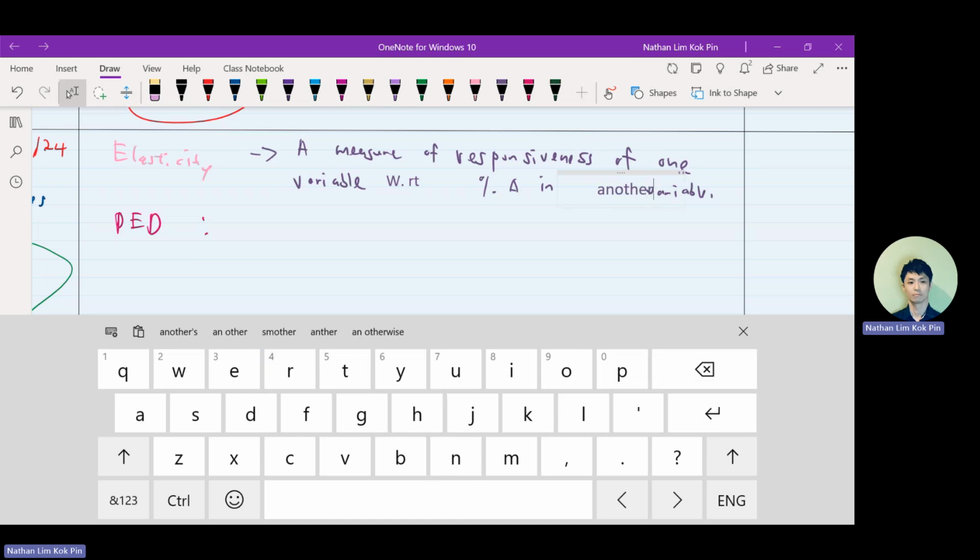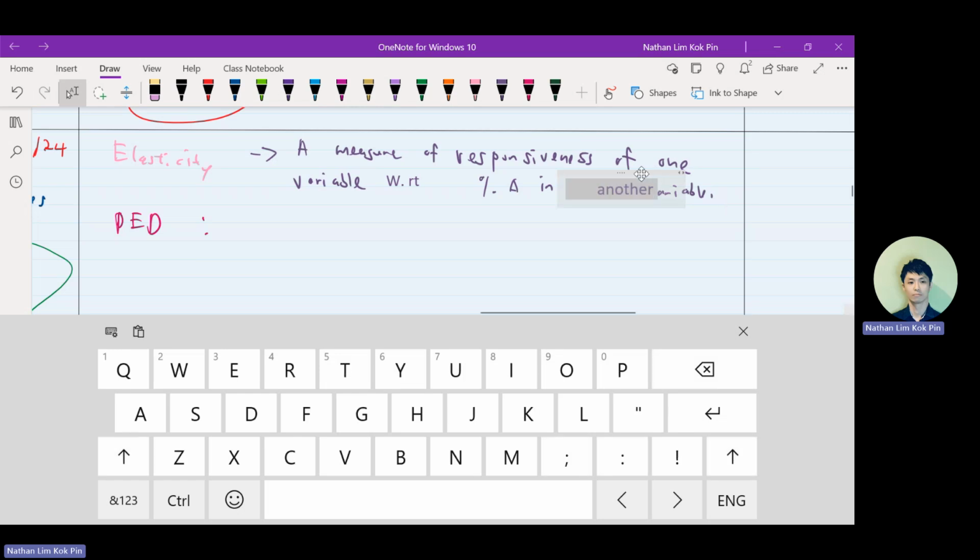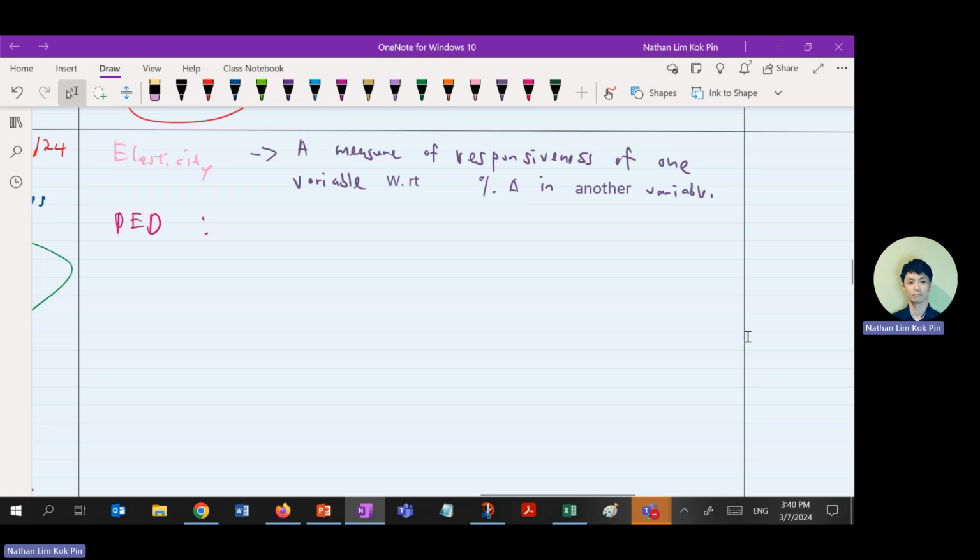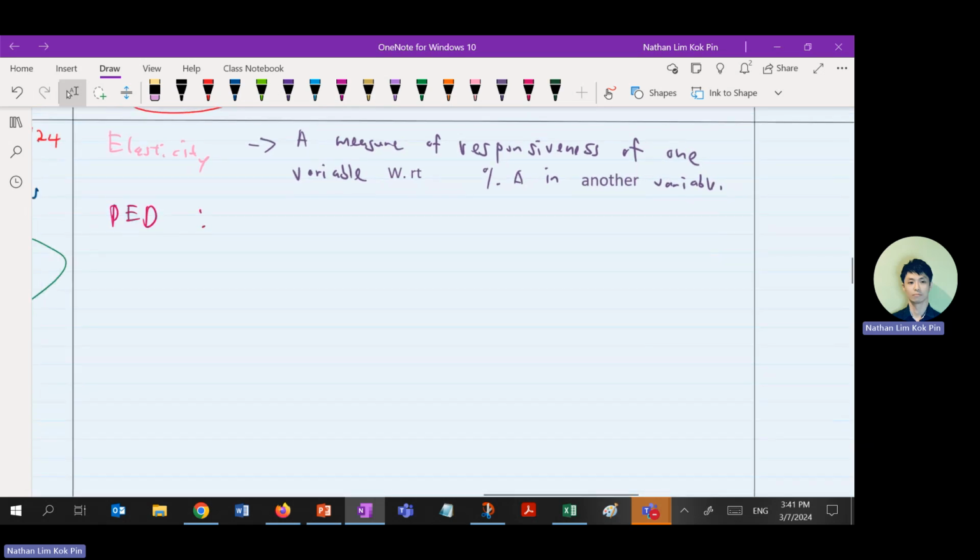Another variable. Okay. Elasticity, we haven't tested. You know, it will come out. I tell you first. So PED is a measure of, you write yourself, a measure of.